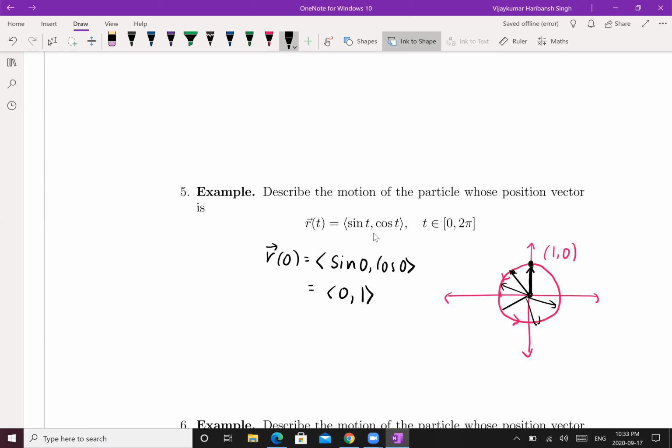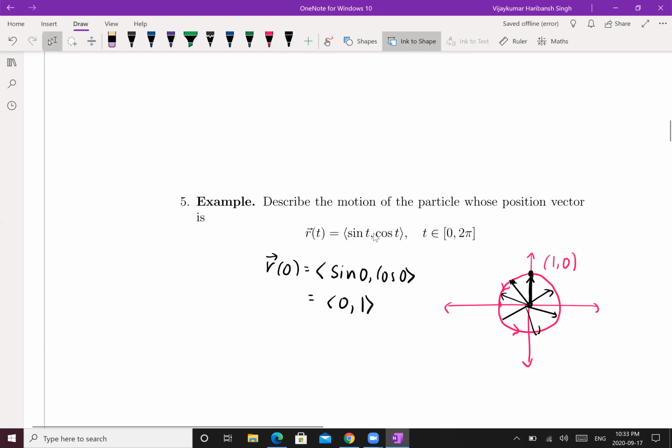They can be described by a function r of t, which is sin t comma cos t. We see that this is a function of t, and the output is a vector, right? So we should give it a name. Such a function should be called a vector-valued function.